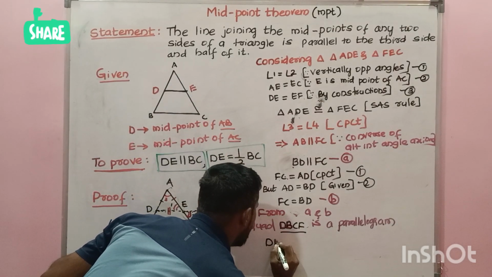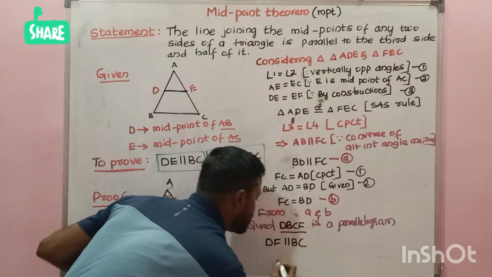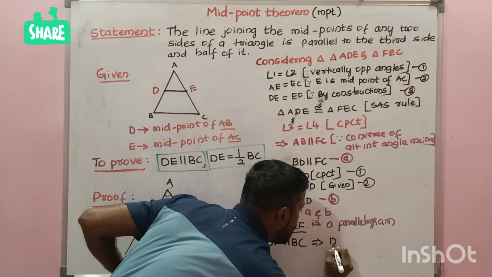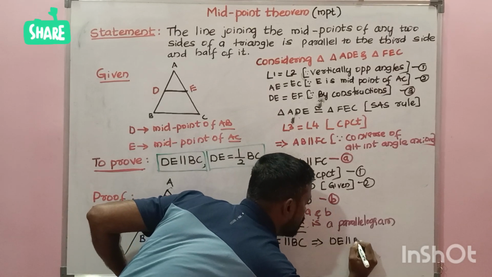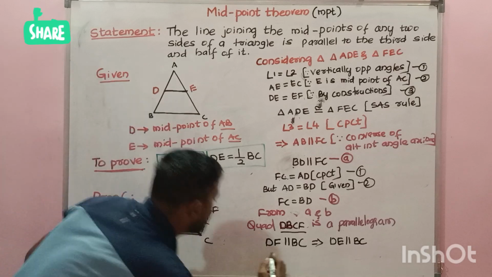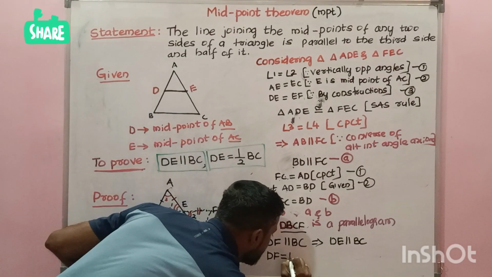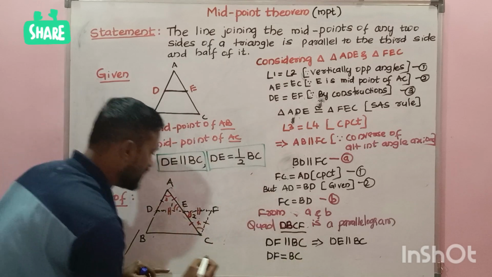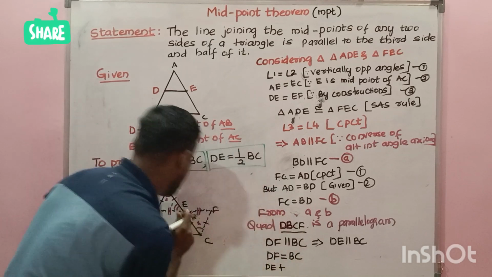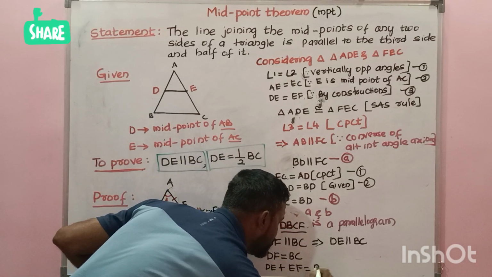Therefore, finally we can say that DF is parallel to BC, which implies DE is also parallel to BC. Secondly, we know that DF is equal to BC. DF can be written as DE plus EF, which is equal to BC.